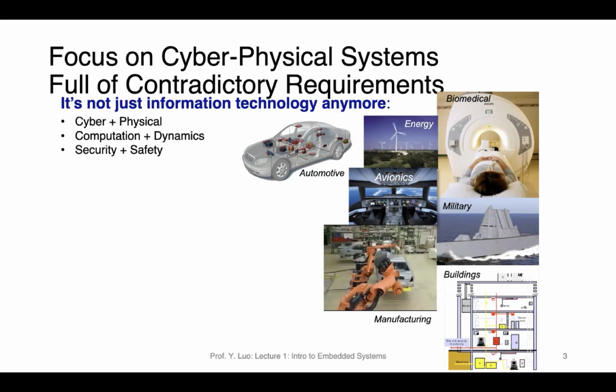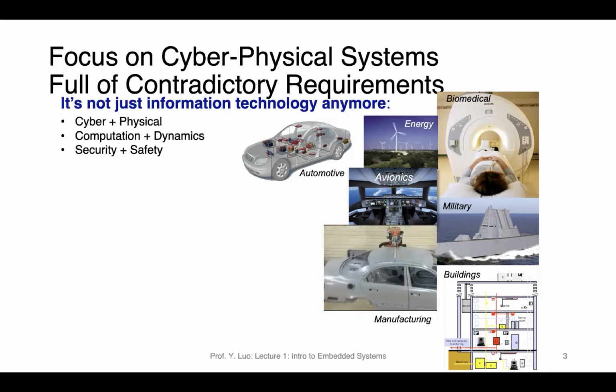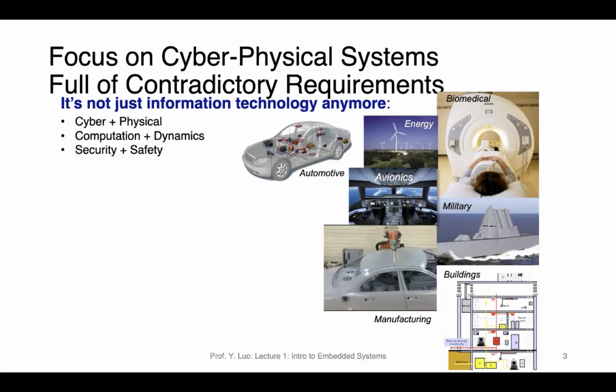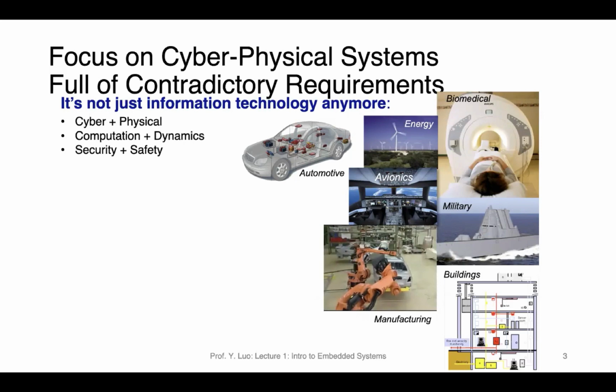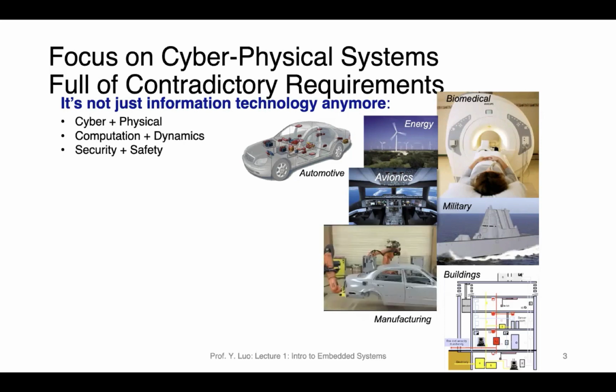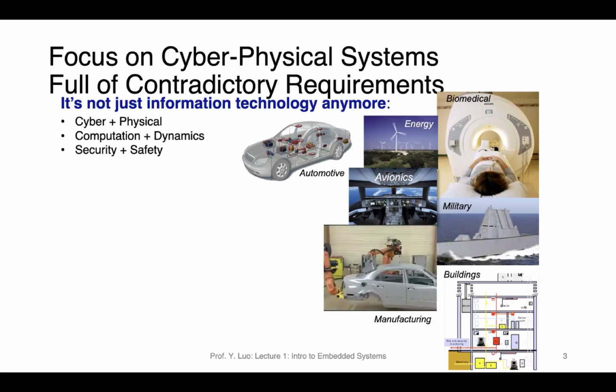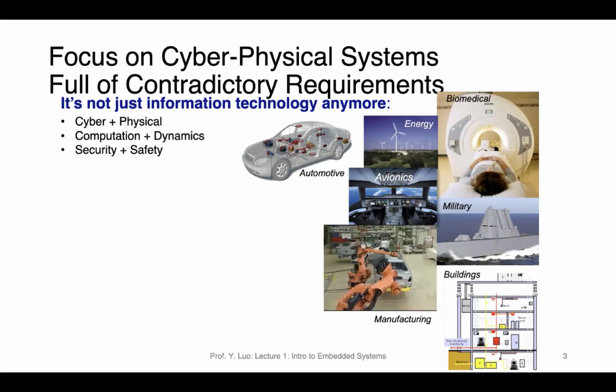Other applications: avionics, airplanes have a very complex control and sensing system. Also in biomedical fields, military, or even modern buildings, you can expect to see a lot of these components or systems that belong to either the physical aspect or the cyber aspect.